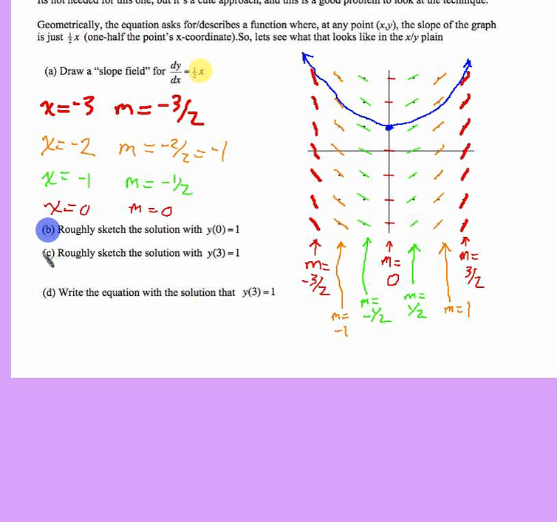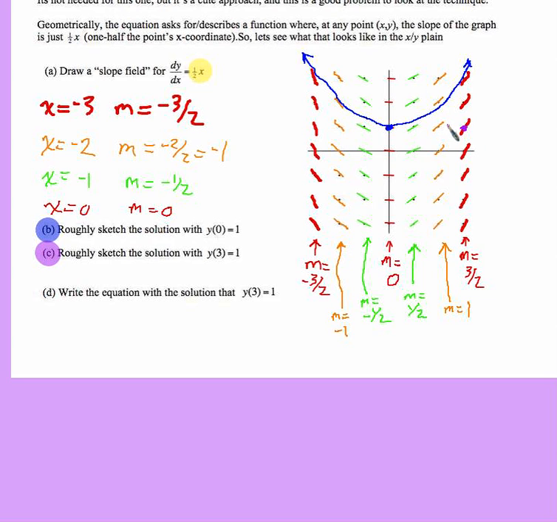For problem C, which we'll do in purple, we're going to start now when we plug in a value of 3 for x. So that puts us over here. We're going to get a value of 1 for y. So we're going to be right here. And if we follow the slope field, we're going to go from this point where x is equal to 3, and we're going to head left.